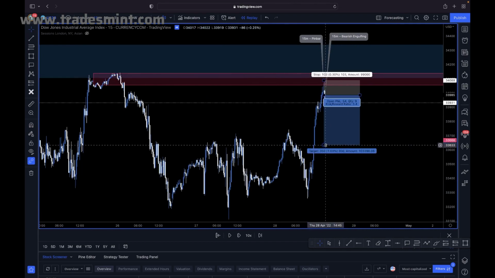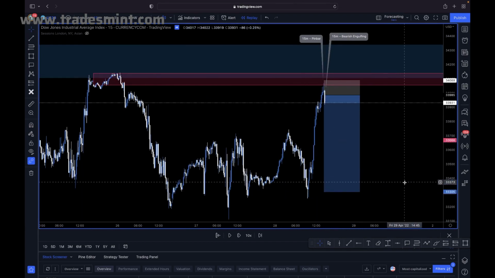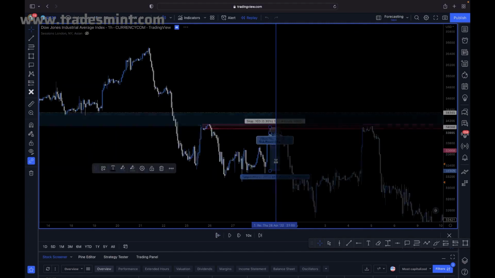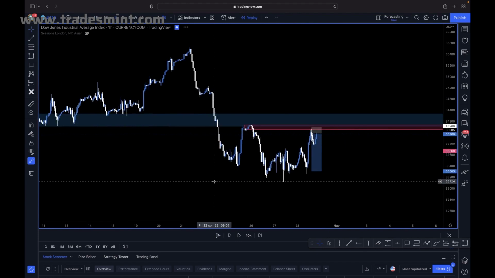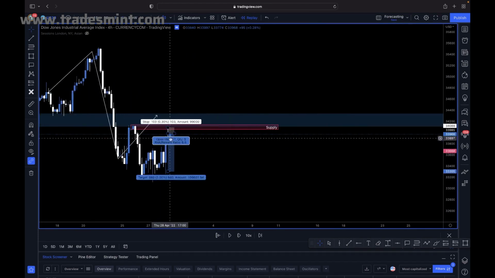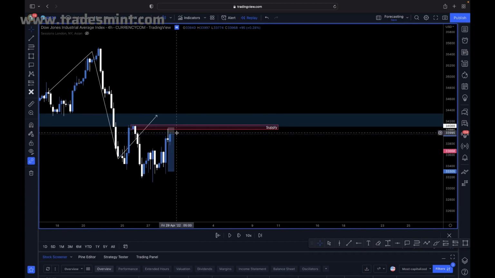But if I hold it to the 4-hour zone, that's a 1 to 6. Excellent trade. Even the 1-hour candles are good here. The 4-hour candle is great here. Bearish pin bar, that's great.